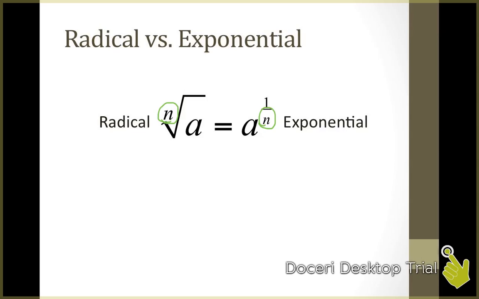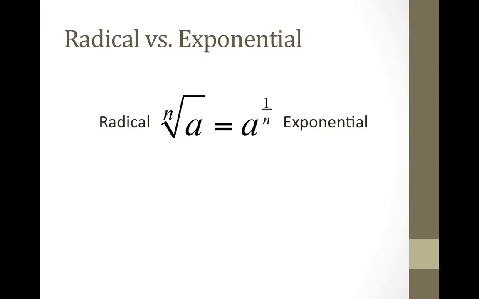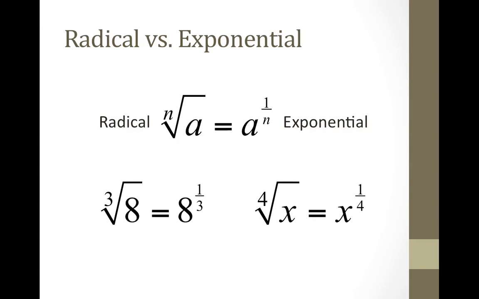It's just a matter of form. So a couple of examples: if I was taking the cube root of 8, that would be the same as 8 to the 1/3 power. Or if I was taking the fourth root of x, I could rewrite that as x to the 1/4 power. So it's the denominator of the fraction that matches with the index of the radical.